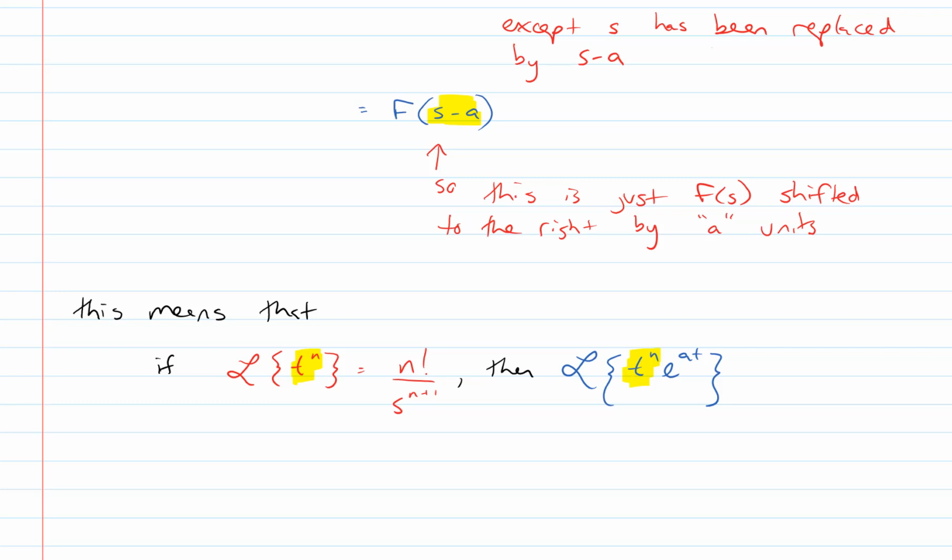So let's write this as n factorial over, and instead of s, normally it would just be s raised to the power of n plus 1, but now it's s minus a raised to the power of n plus 1.